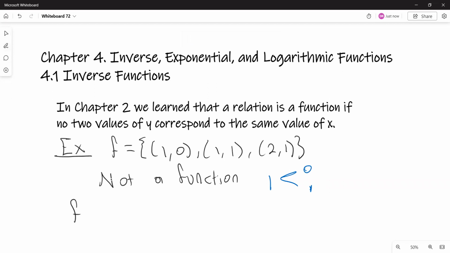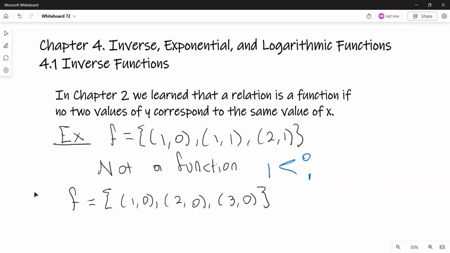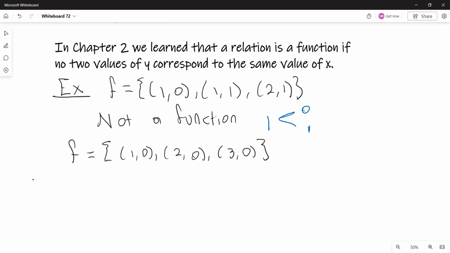On the other hand, for the relation 1, 0, 2, 0, 3, 1, you can have the same y value matching with two different x values, and that's okay. That's still going to be a function. So that one is a function.